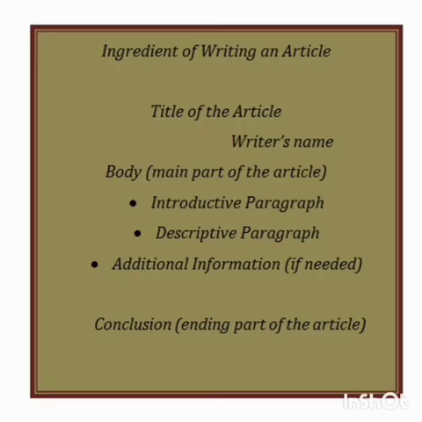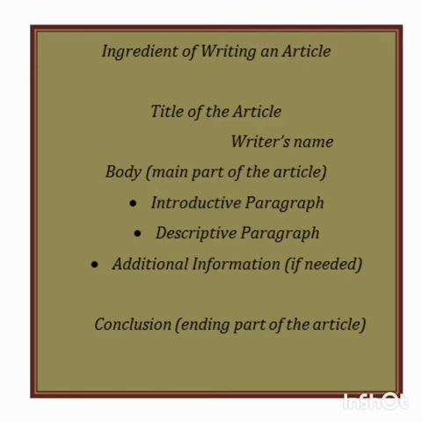Coming to the key features of the article, what are the important points to be remembered? First, you should write the title of the article, then the writer's name should be mentioned. Next, coming to the content of the article, you can divide the article into 3 parts. First is the introduction, then the main body of the article, and the last one is the conclusion part.